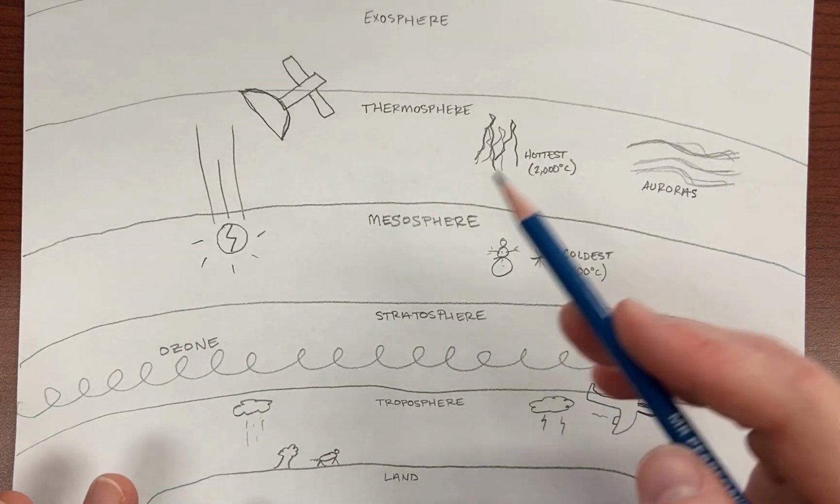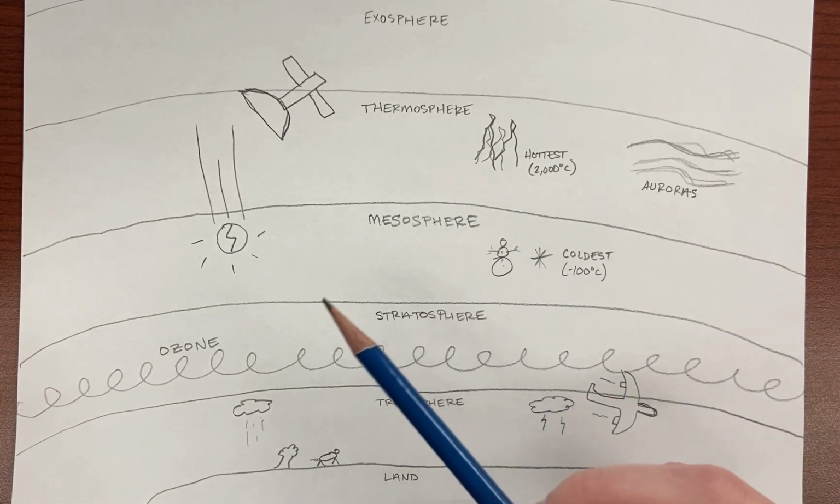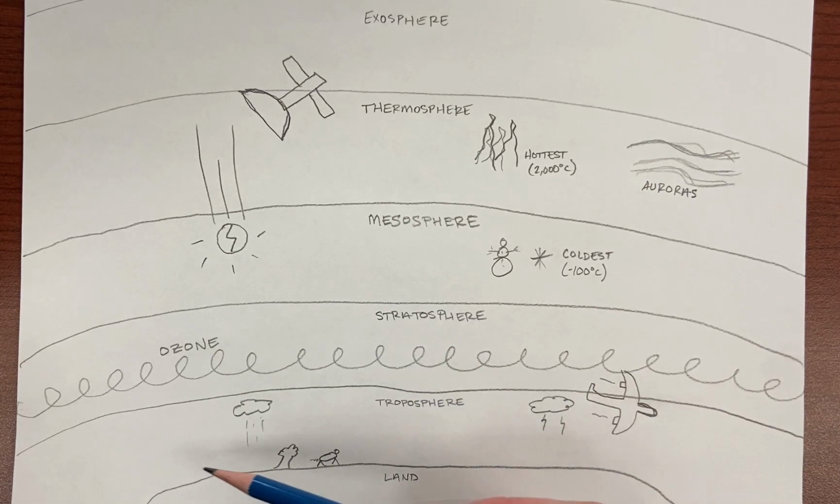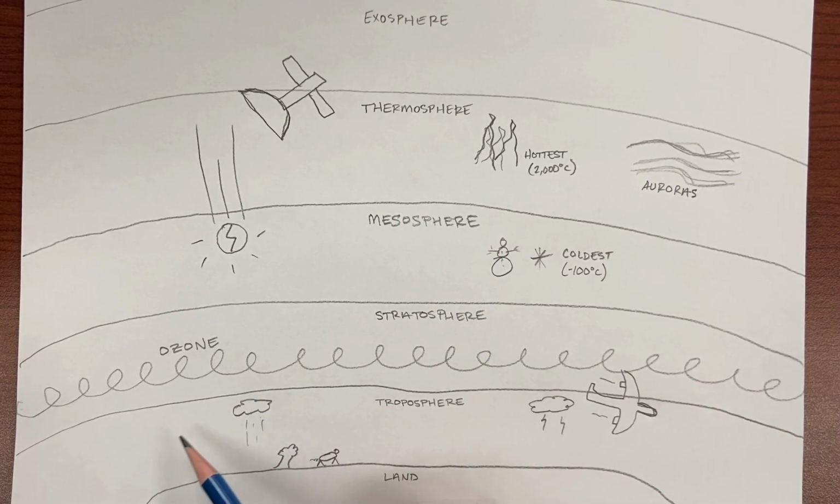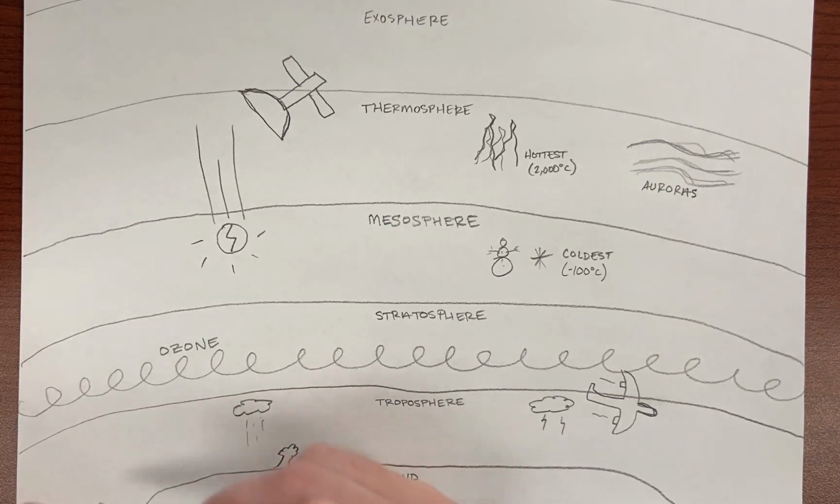And now let's go to talking about air molecules. So over on the left side, I have a good amount of space over here. You can do it really anywhere, but let's showcase how many air molecules are present. Now, I told you before, the closer you get to the land, or down here in the troposphere, you're gonna have the most amount of air molecules. So the way I'm gonna showcase that is just with dots.